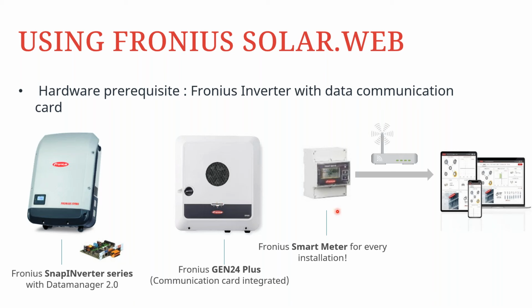It is important to have the Fronius Smart Meter for every installation, because through it, you'll be able to get full information about the inverters or the system production and consumption details. And then, of course, also have the capability of performing some extra functions like feed-in limitation. Good. And then, via an internet device or module, you can access these systems via your monitoring device. So it could be a tablet, it could be a PC, or a smartphone.